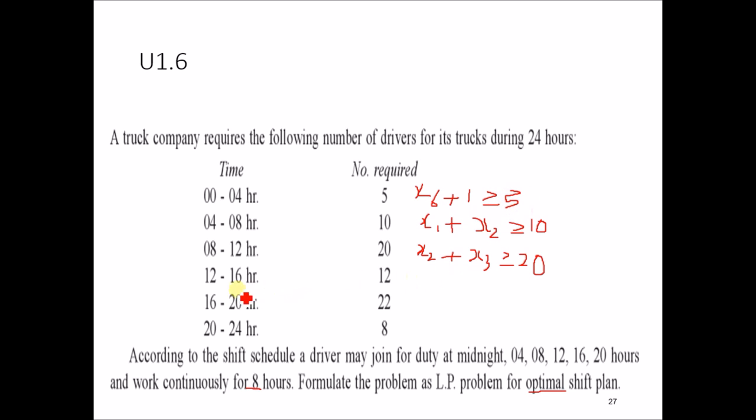For these constraints it will be x3 plus x4 greater than or equal to 12, x4 plus x5 greater than or equal to 20, x5 plus x6 greater than or equal to 8. Then what about the objective function? Z is nothing but we have to add all the time slots, because the time slot is given like 4, 8, 12, 16, 20 hours.